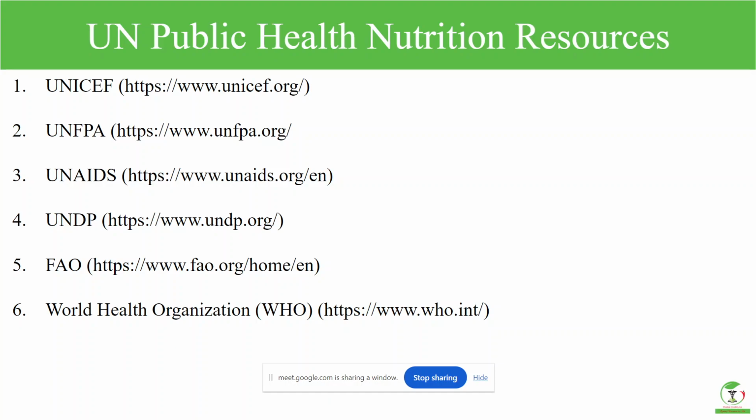If you're going to deal with issues to do with malnutrition among children, you should know that UNICEF is the go-to area. If you're going to do anything to do with HIV, then the numbers, you should get them from UNAIDS. If you're going to do anything to do with the economy, development, social transformation, UNDP. If you're doing anything to do with food security, food insecurity issues, the Food and Agriculture Organization is where you go.